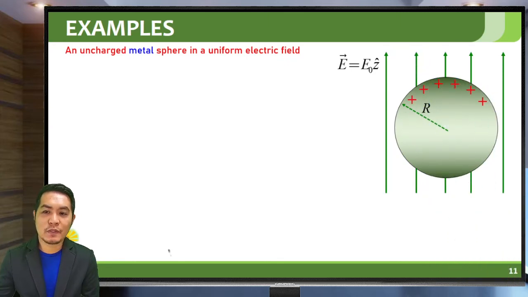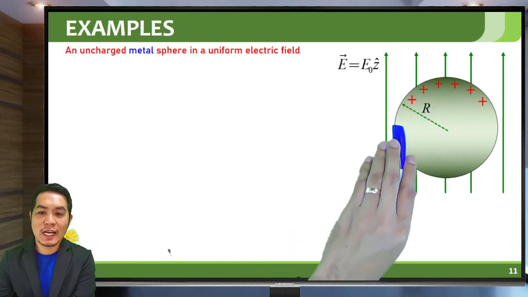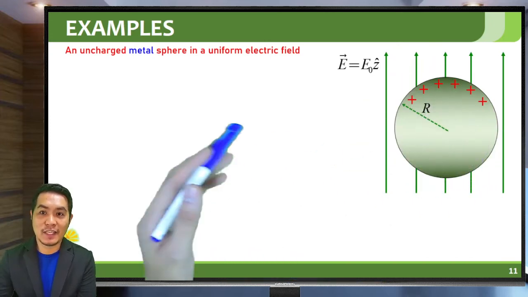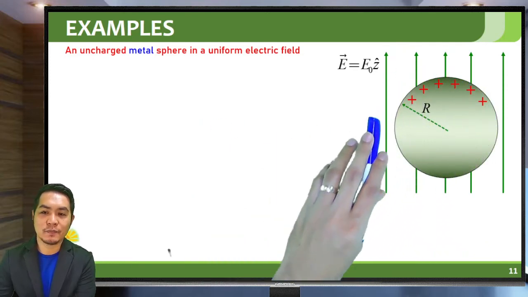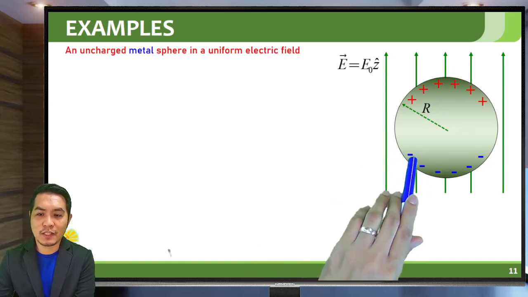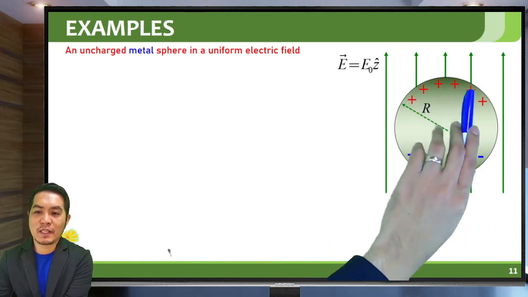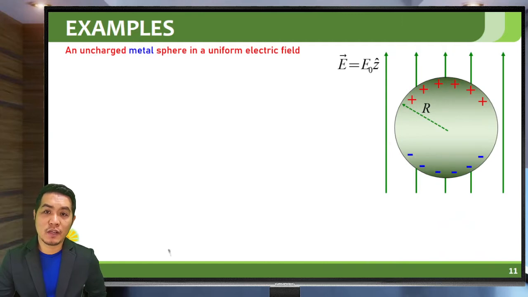They move towards the direction of the field until they can no longer escape. They are now at the surface. Similarly, negative charges are forced to move in the opposite direction of the field, so they will concentrate in the south pole here. Most of the positive charges will concentrate at the north pole area.